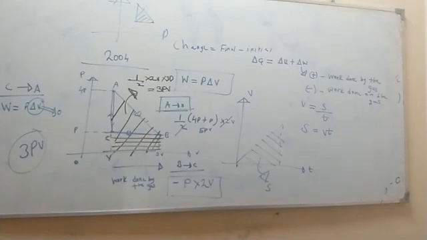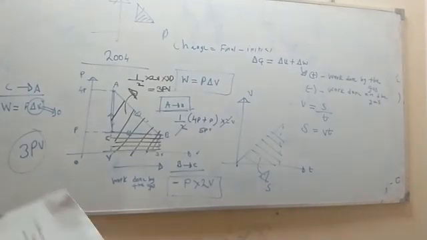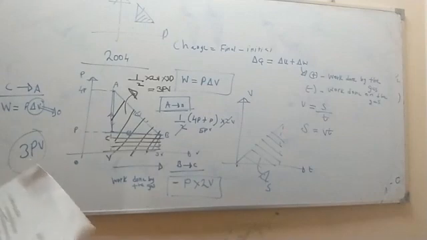Because every answer is positive, if they give plus and minus signs, they will specify. Now you see the ninth question below: they have given some plus answers and minus answers, and they have specifically asked work done by the gas during one cycle.